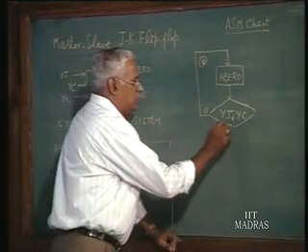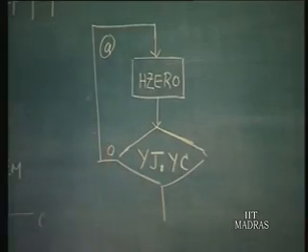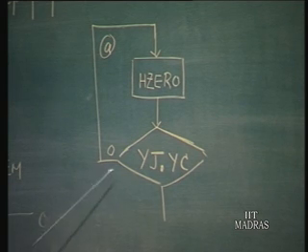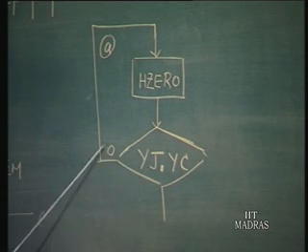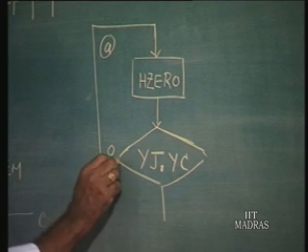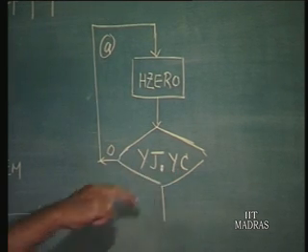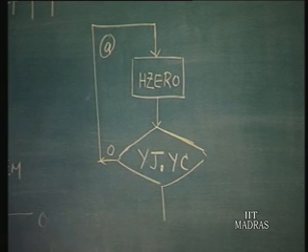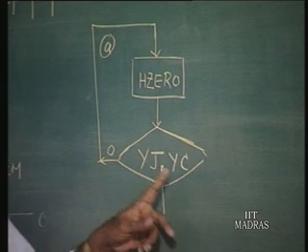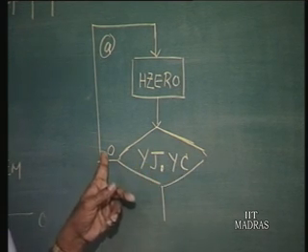Now, we will also take Yc is 0. When will this AND combination be 0? It means Yj and Yc being 0 really means what? Either Yj or Yc or both are 0. For any one of them being 0, this will be 0.